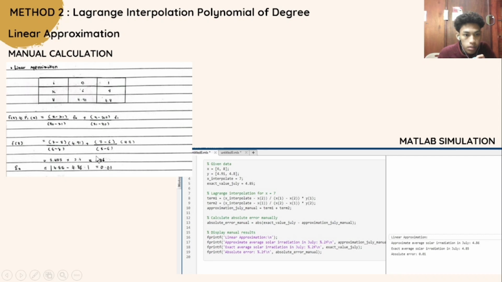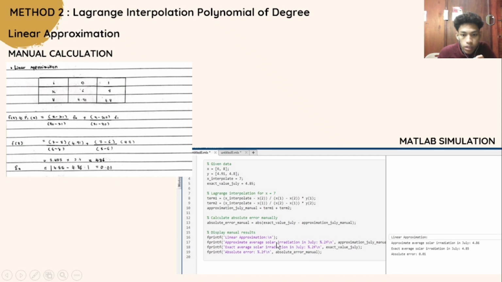Term 1 refers to this one and term 2 refers to this one, 0 and 1. So term 1 plus term 2, and then we calculate the absolute error: exact value minus approximation value.